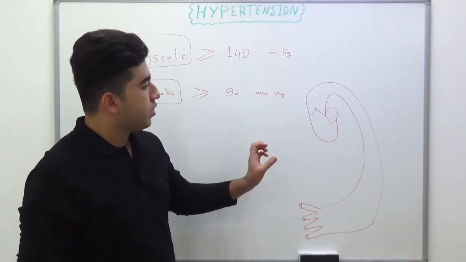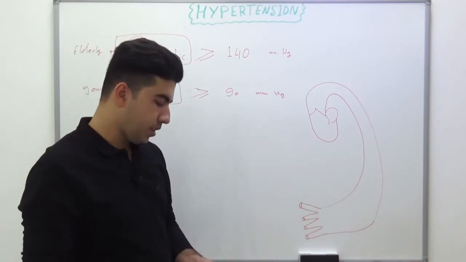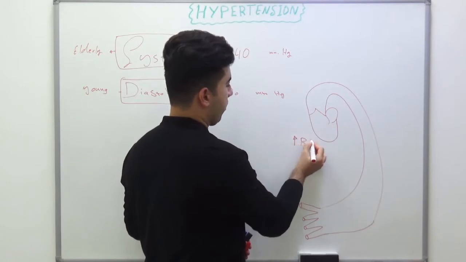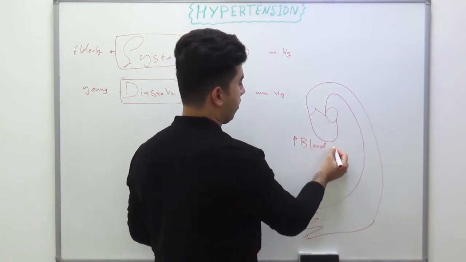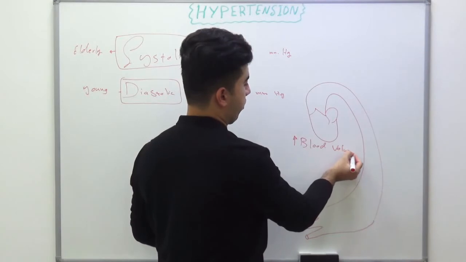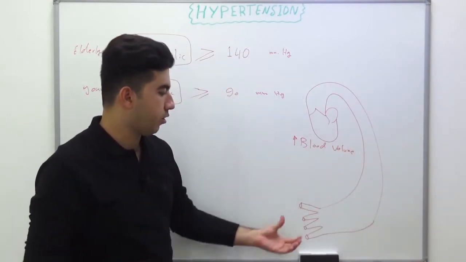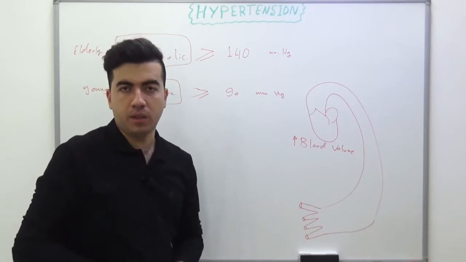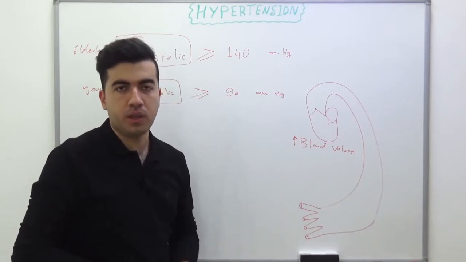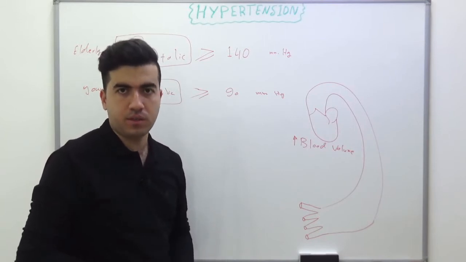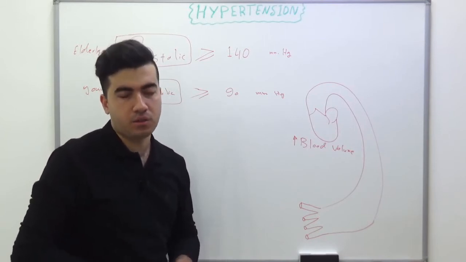Let's suppose we have a patient with increased blood volume. When the blood volume is more, it means what? Cardiac output is more, systolic blood pressure is more, and these arterioles will constrict. But with time, with years, these arterioles will be continuously constricted, and the patient is said to have what? Diastolic hypertension.